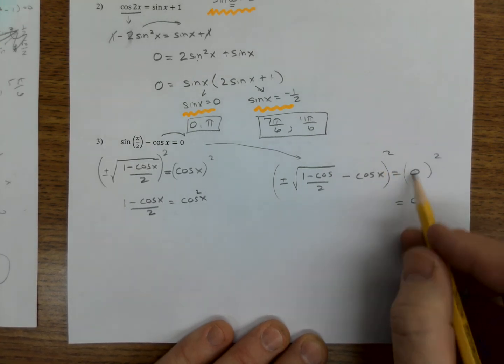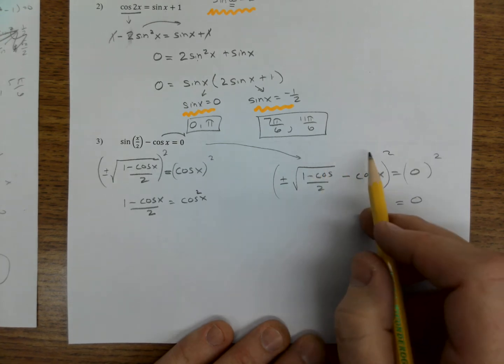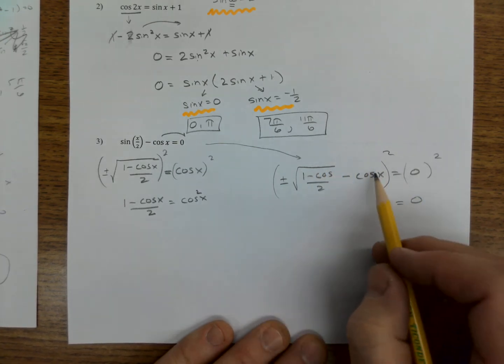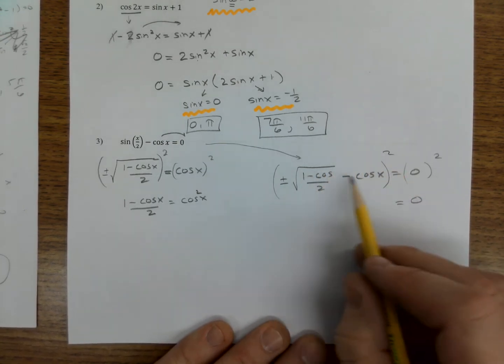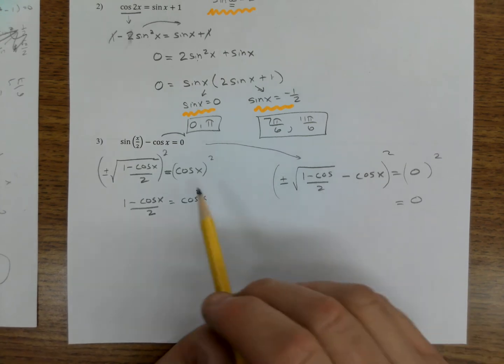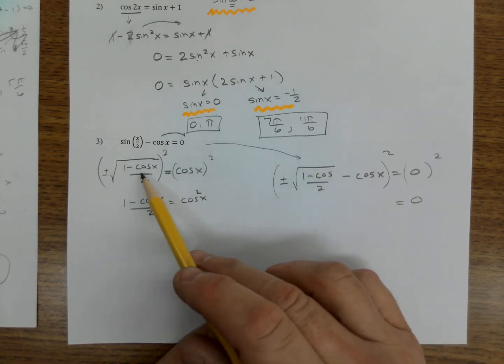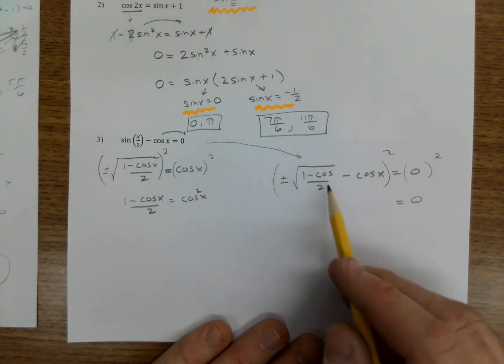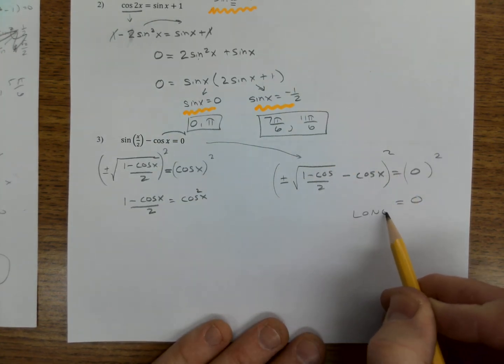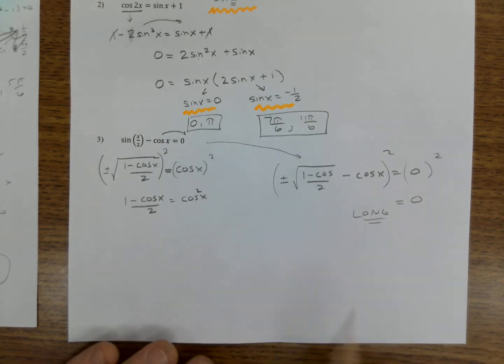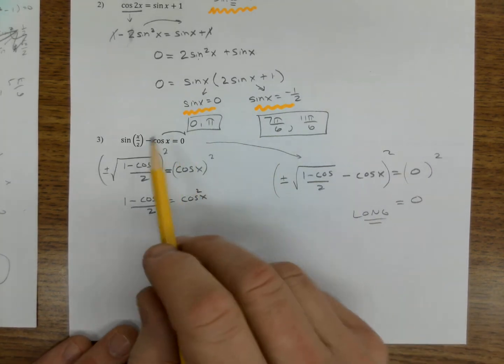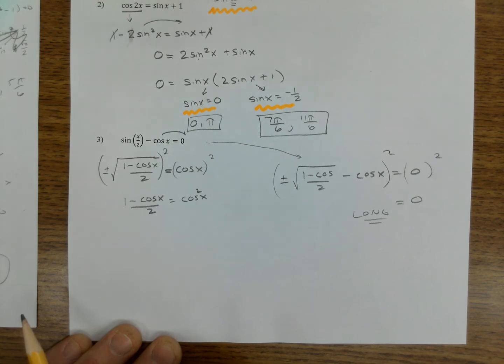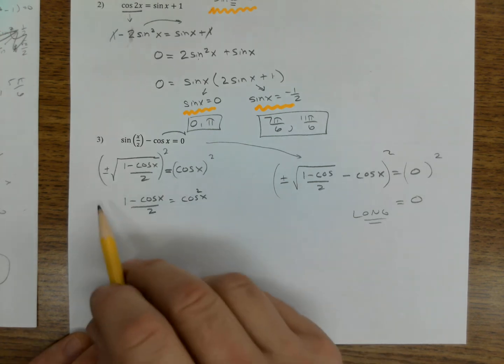This side is 0, and this side will require me to do foiling, so I'll have to write this twice and foil it, and it's going to be a lot of work. So if you can get the square root by itself, it makes life a lot simpler. So this is a long way. We're not going to do this over here. It's going to be a long way to get to the answer. I'm sure you'll still get there, but if I move this over here and I square it, the math's a lot easier.